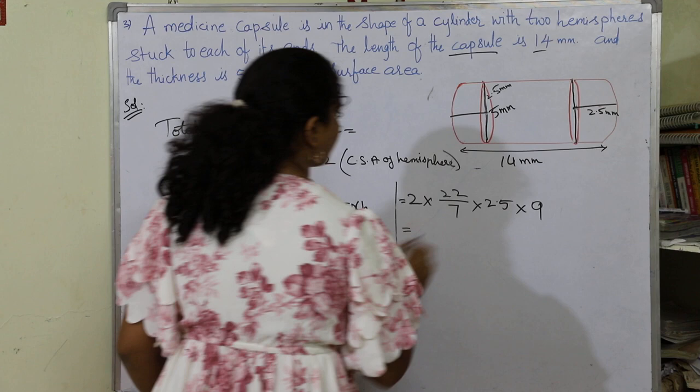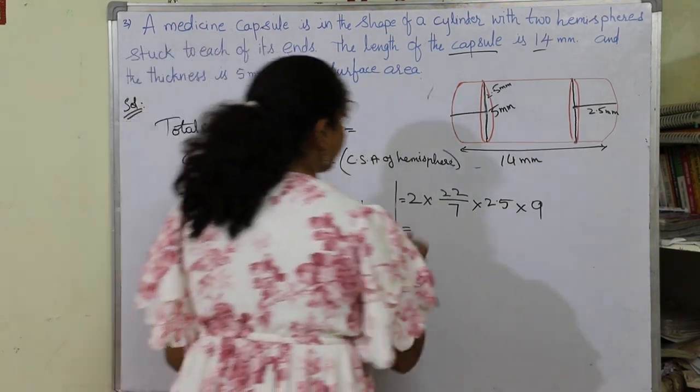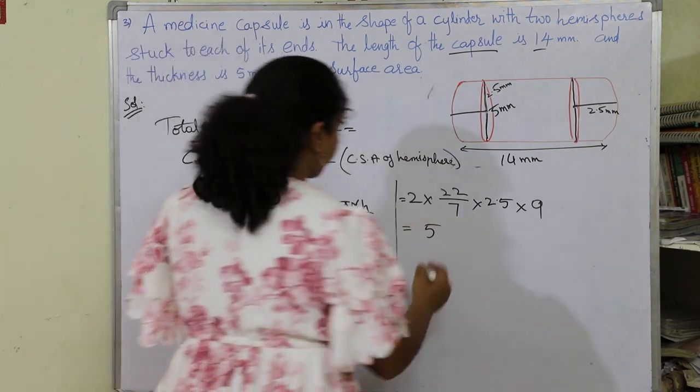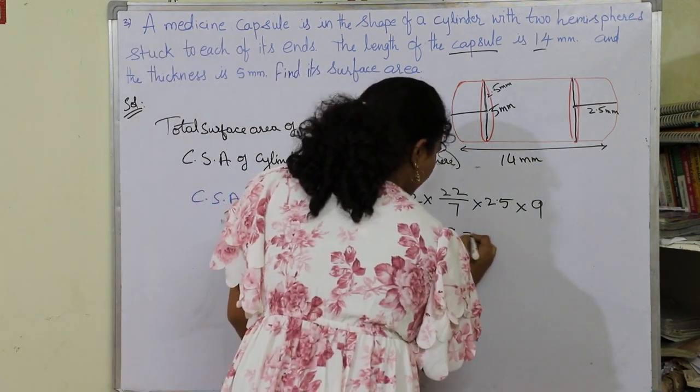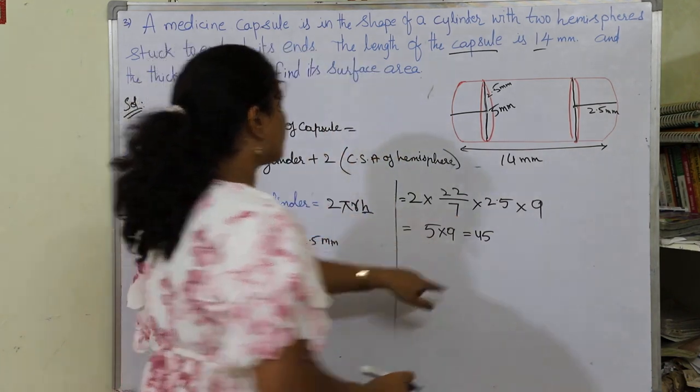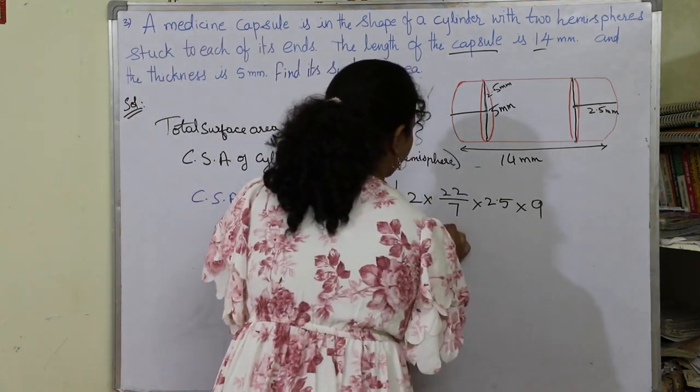So 2 into 2.5 gives 5, right? So 5 into 9 gives 45. Let me write down 45 over here.